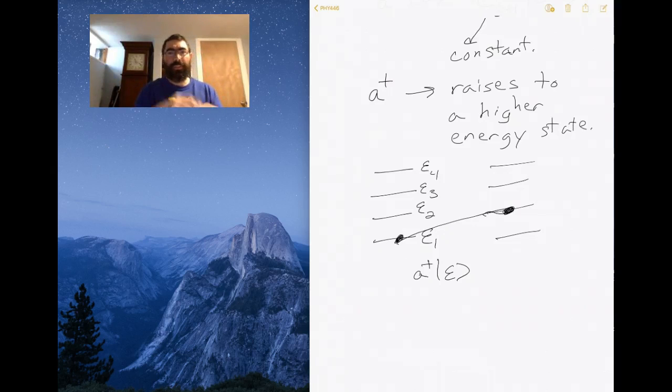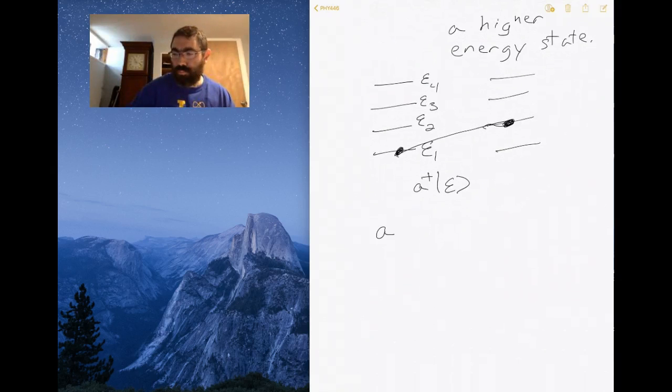So it raises it in energy. So it's an operator which jumps from a lower energy state to a higher energy state. So that's why these are sometimes called the lowering operator and the raising operator.